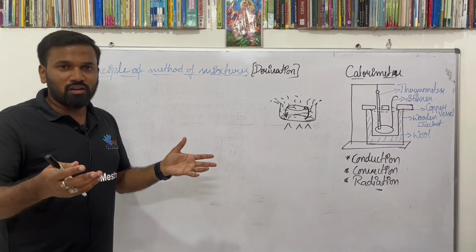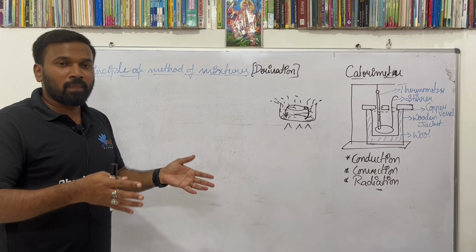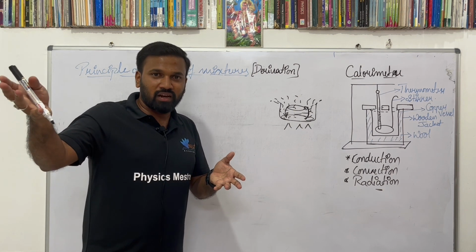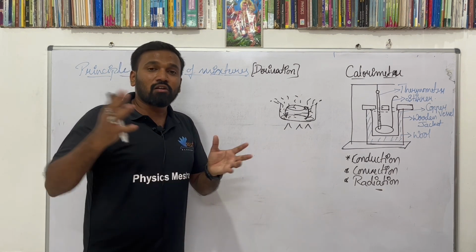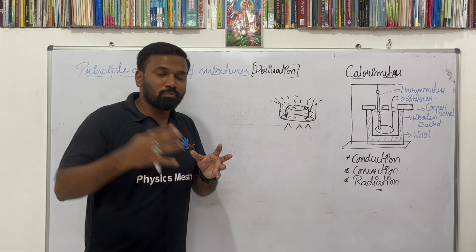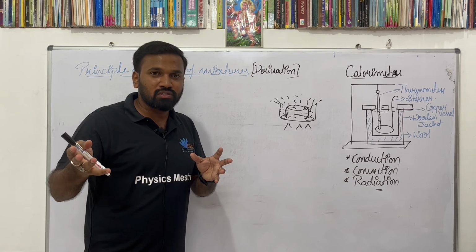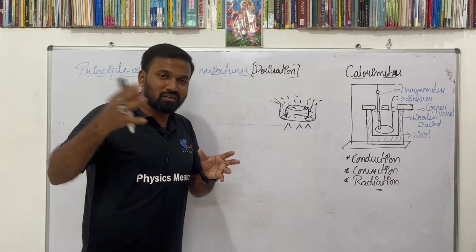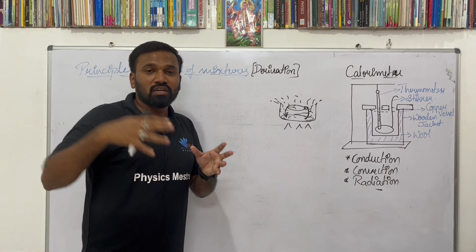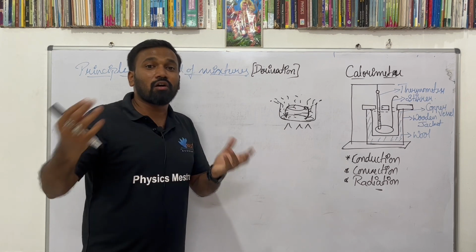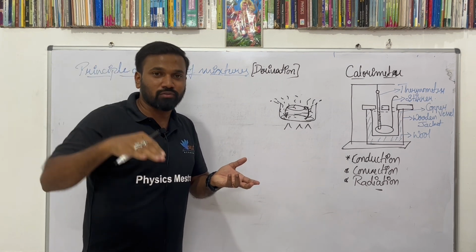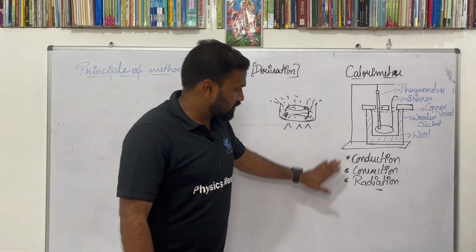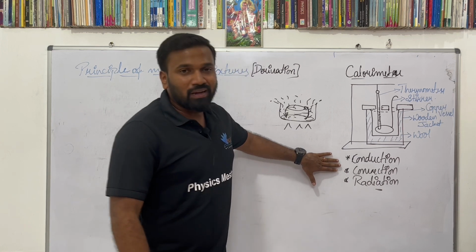The sun and earth are not in contact, but still the earth's surface is heated up with the help of the rays coming out of the sun. How is it coming? Because of radiation, electromagnetic waves. The process in which heat transfers from one body to another when they are not in contact, through electromagnetic waves, is called radiation. These three are the processes of heat transfer.